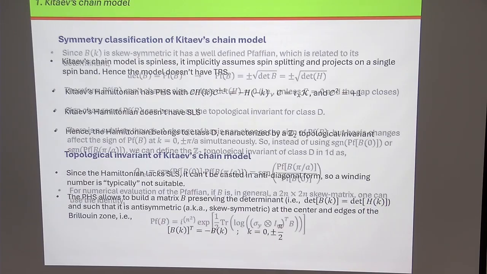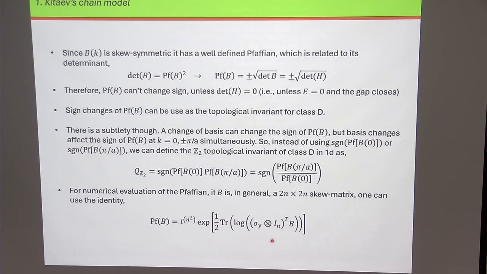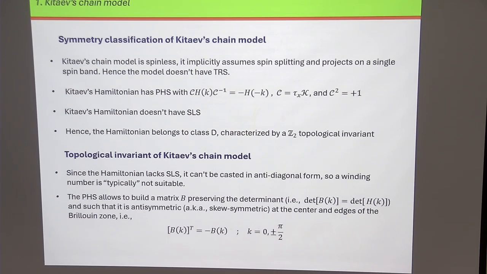This slide. Okay. So what is the thing here is the determinant of H. So how do we know if the gap closes? If the energy E equals 0 is an eigenvalue of the Hamiltonian, right? It means if the determinant of H is equal to 0, the gap closes, because the determinant of H equals 0 means E equals 0 is an eigenvalue.